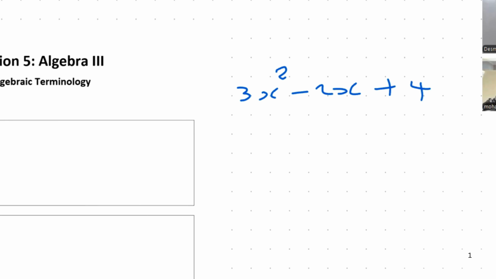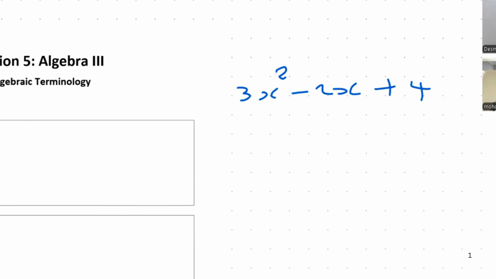Do you remember the coefficient from the previous lesson? Yes. What is a coefficient in your own understanding based on what we did last time? So let's say they give us a variable, like they say, what's the coefficient of x squared? Here, it's going to be 3. Yeah, thank you.